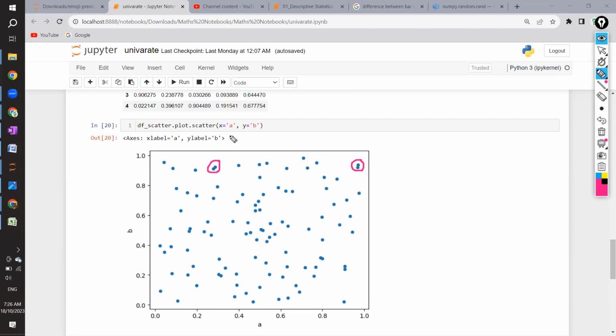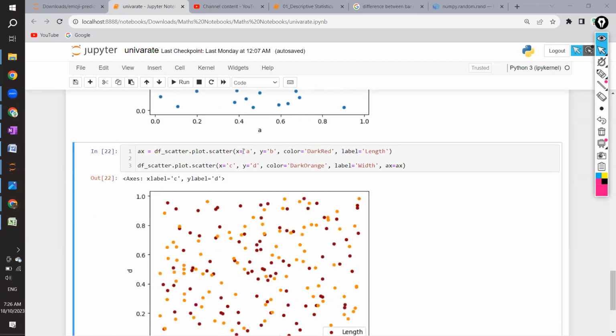This is the A and B graph. Similarly here also you are drawing the A and B graph in dark red. I think those points are here. You can see these two, right? So these are the same as A and B, but newly you are drawing C and D also. This is the dark orange. Wherever you see these orange plots, these are the C and D graphs.